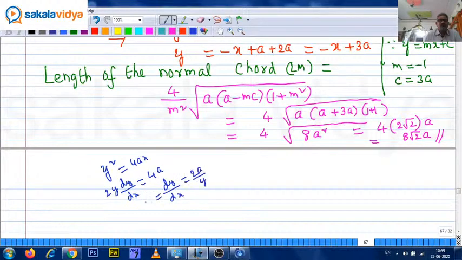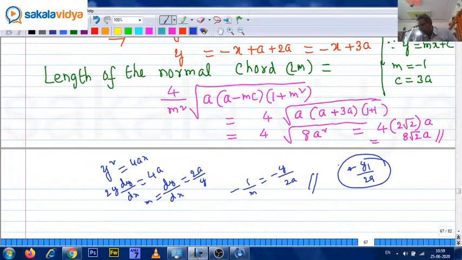This is the slope of the tangent. Slope of the normal is minus 1 by m, that is minus y by 2a. So at x1, y1 that will be minus y1 by 2a. Understood, Suma? Thank you. You can ask doubts, no problem.